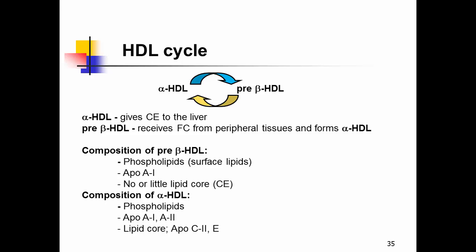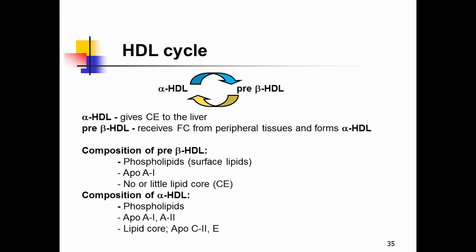Let's look at the composition of these two different types of HDL. Pre-beta HDL has no or little lipid core. It basically has just the surface phospholipids and ApoA1, and does not have a lot of cholesterol in the core.